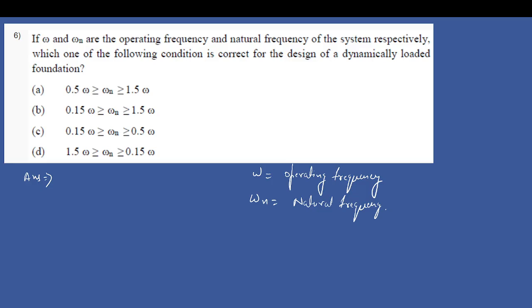So how much of the natural frequency, in which design criteria, should you keep your operating frequency?